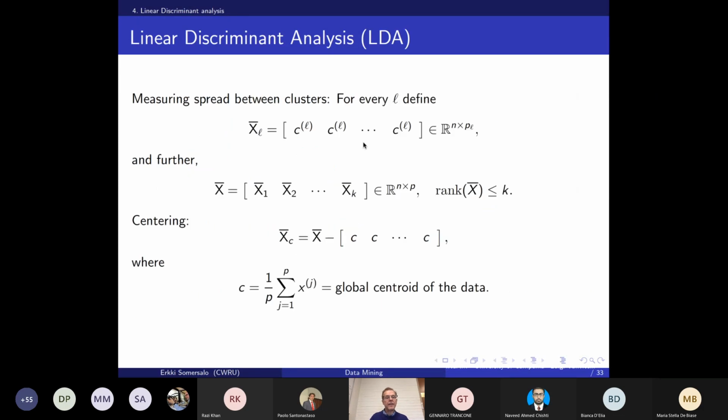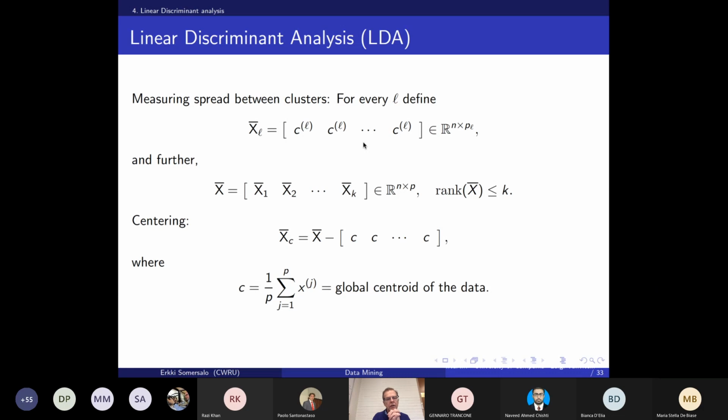Okay, so how do I measure the spread between the clusters? Let's do the following. I'm taking the L cluster, XL, and I'm replacing all my vectors in that cluster by the cluster centroid.